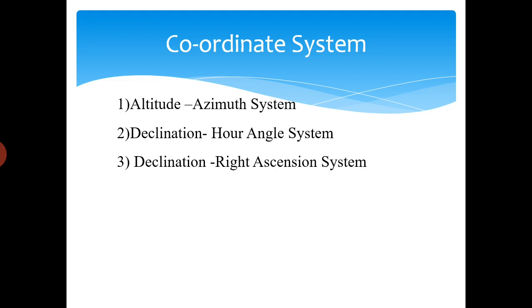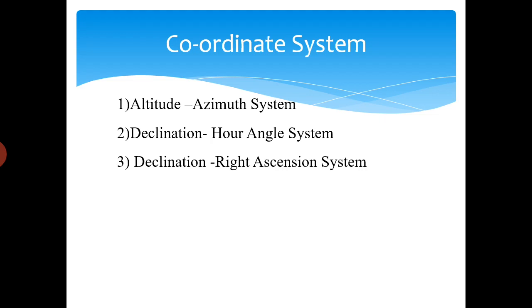So what is a coordinate system? A coordinate system is the system used to define the position of any point. In general, we can use x and y coordinates, in 2D format. This is also a 2D format: the altitude-azimuth system, the declination-hour angle system, and the declination-right ascension system.